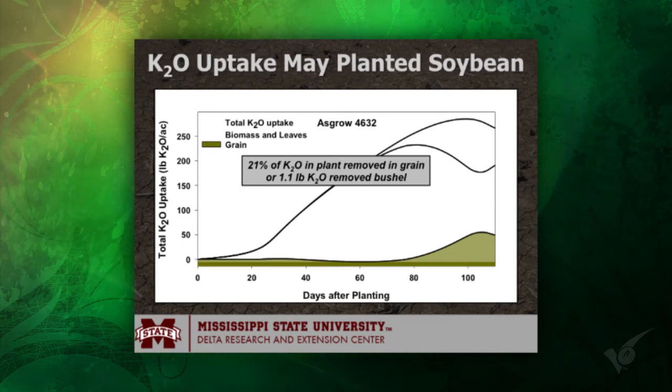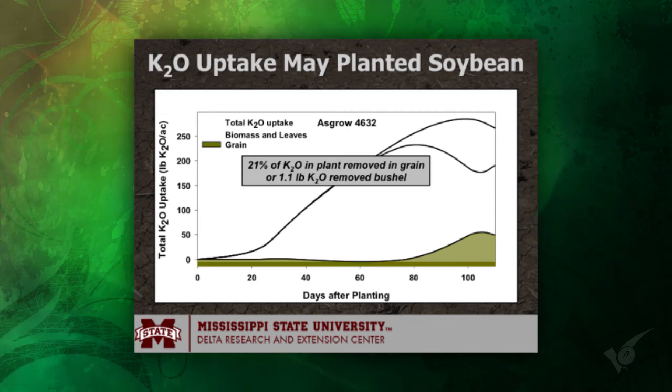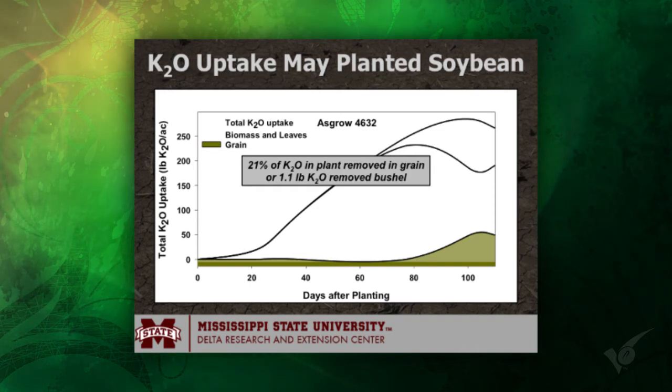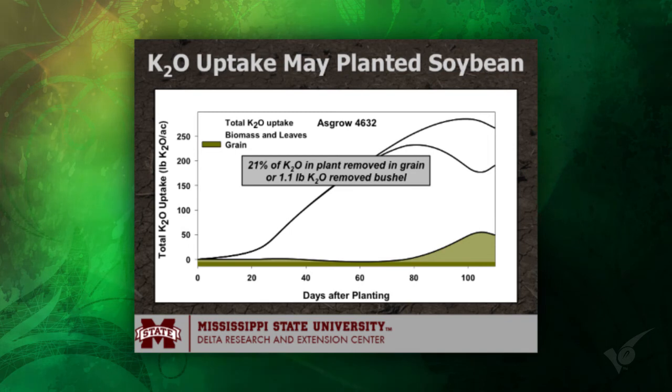We're luxury consuming K. 21% of the total K2O in the plant was removed in the grain, or about 1.1 pounds, okay? So I think those national averages that I talked about earlier, depending on how you grow and plant your beans, could be close or could be a little far off.